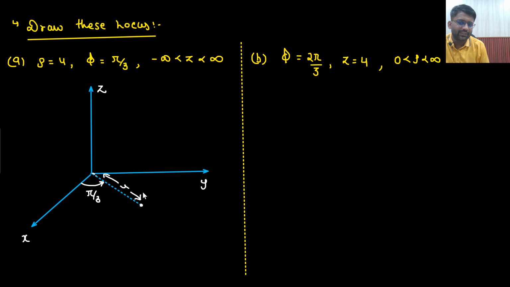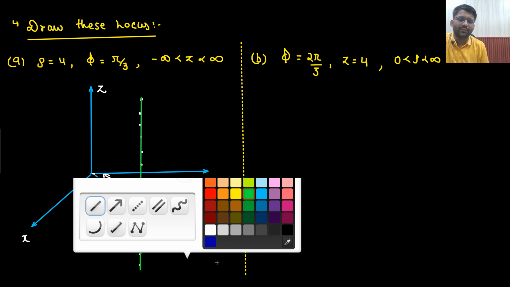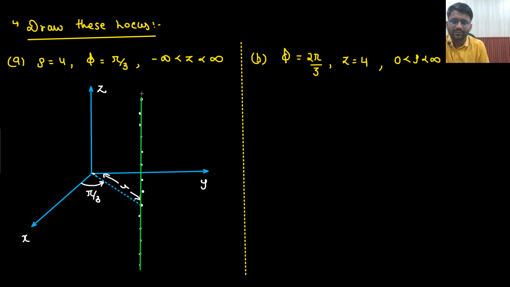Here what is the value of z? 0. Here? 1. Here? 2. Then 3, 4, 5, 6, 7, 8. Downward, minus 1, minus 2, minus 3, minus 4, minus 5. In that manner, the value of z will keep on varying.